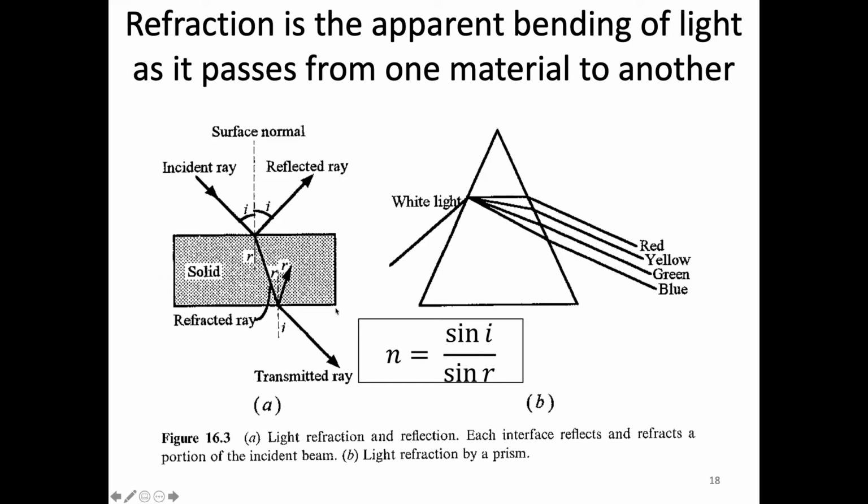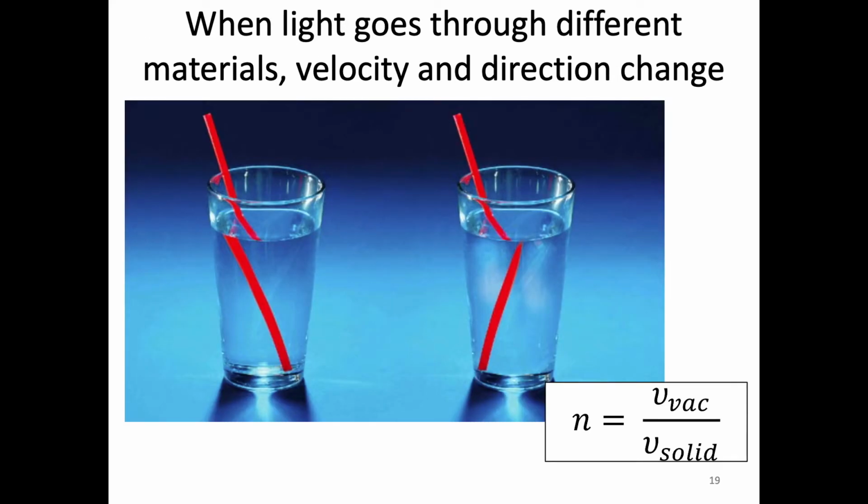We do that with the refractive index n, which is equal to the sine of the incident ray angle over the sine of the refracted angle. I here is for incident, R here is for refracted. This is within the solid, and this is within air. If you take a look at those relative angles, we can quantify the refraction that occurs when we look at these two different materials. Here's another example of this apparent bending.